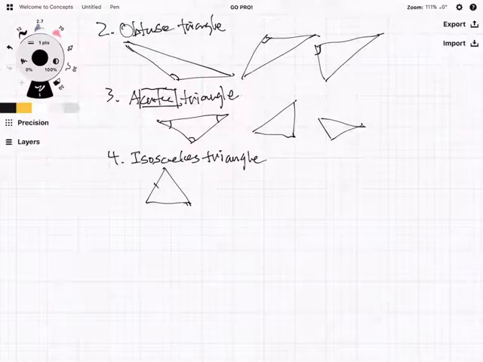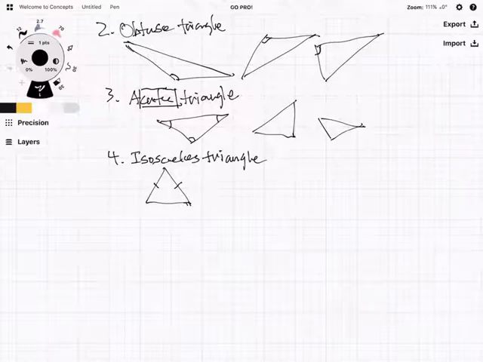This triangle is where two sides are equal, and two sides must be equal. That's the definition of an isosceles triangle. A theorem that we're going to be covering later this week is the base angles theorem, and that is involved with isosceles triangles.